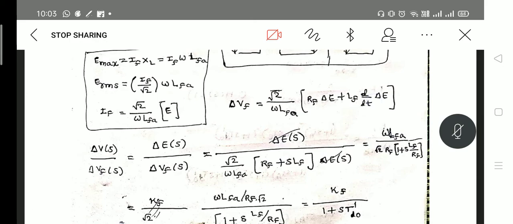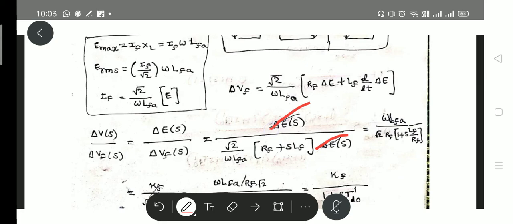From this we can take delta E of S common, then we get Rf plus S Lf. Substituting, delta E of S cancels on both sides.